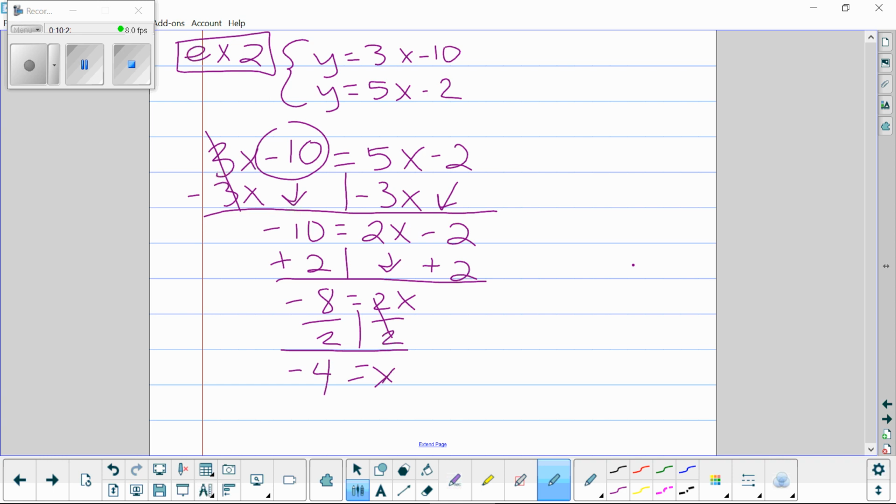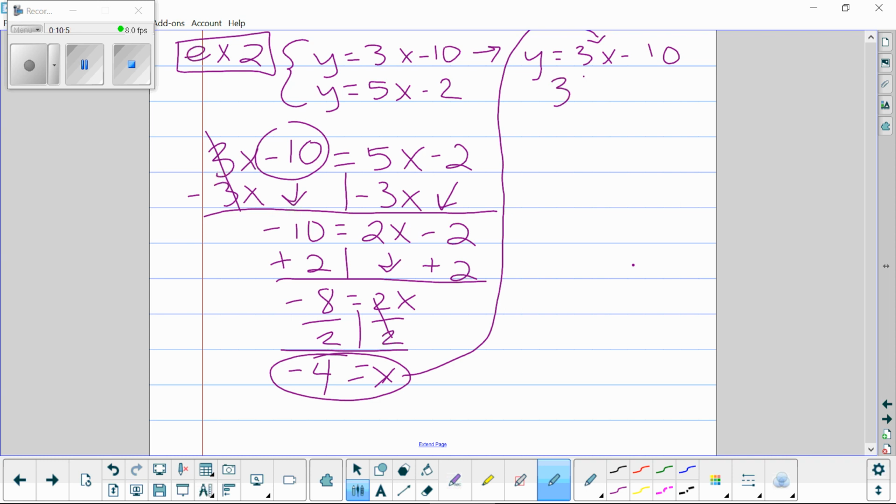And then just like the last one, now that we know that x equals negative 4, now we use that to figure out what y equals. So again, you can choose either equation. It doesn't matter which one you do. If I take the first equation, it was y equals 3x minus 10. And we just figured out over here that x was negative 4.